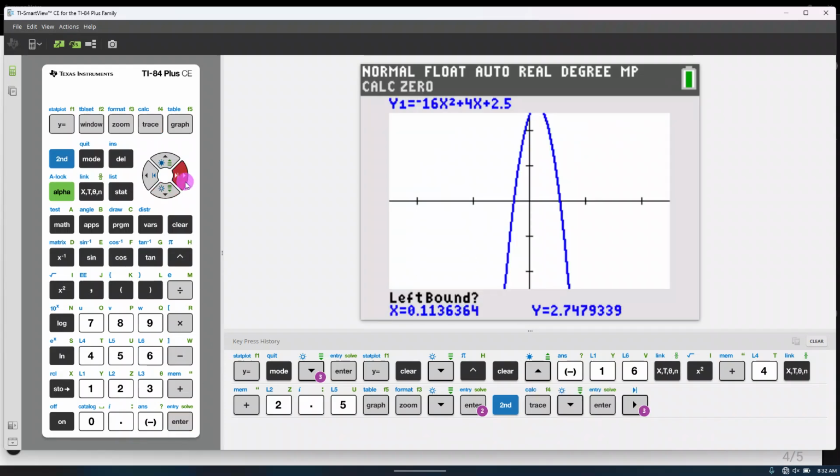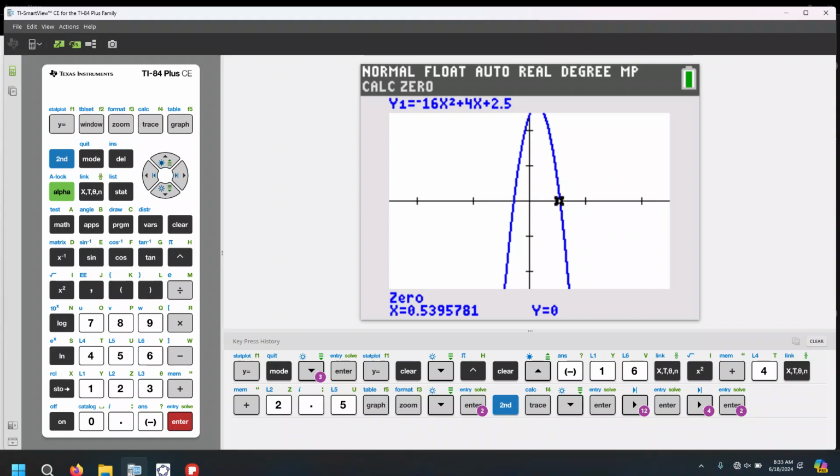Notice how we get this star flashing. Click enter at any point before the intersection and click enter at any point after the intersection, so the calculator finds the intersection in between those two values. Click enter again, and we get 0.53957. I'm going to round to 4 decimal places for now.